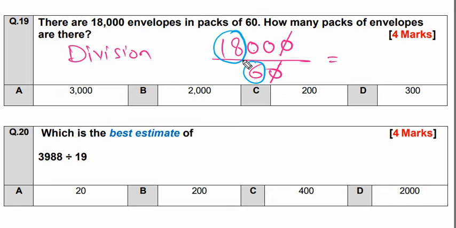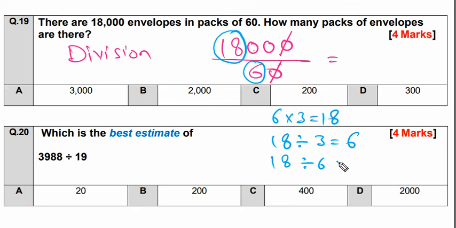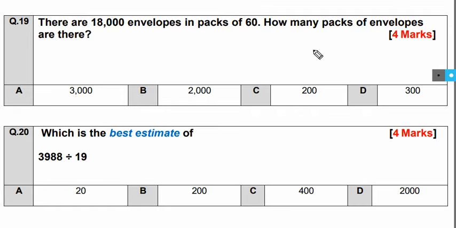So 6 times what number is 18? 6 times 3 is 18. So 18 divide 3 is 6 and 18 divide 6 is 3. So 18 divide 6 is 3. How many 0? 2.